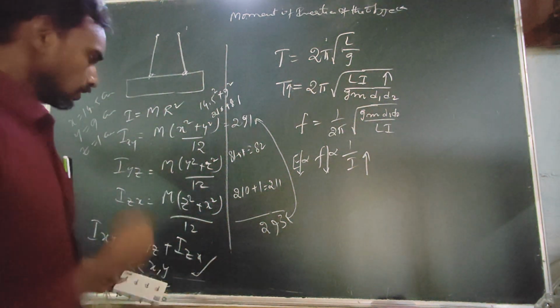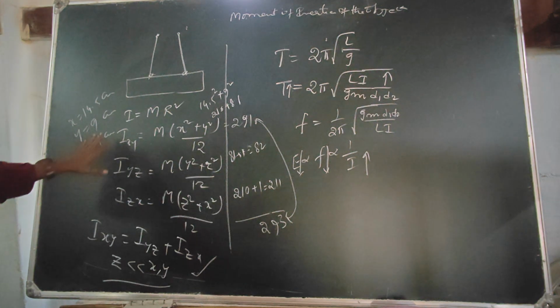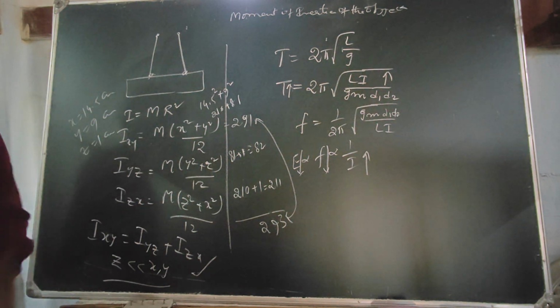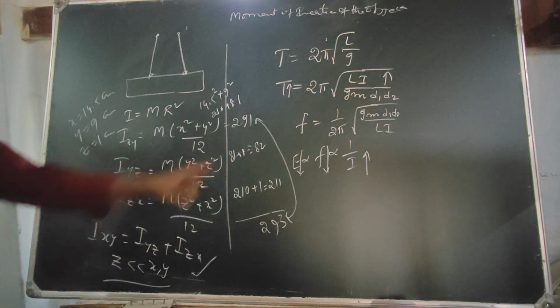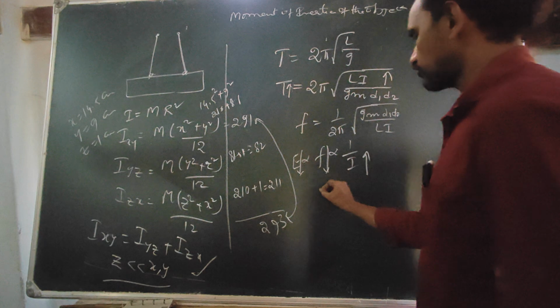So what are the variables? We have to measure Ixy, Iyz and Izx using this equation. So how do we get the value of I?